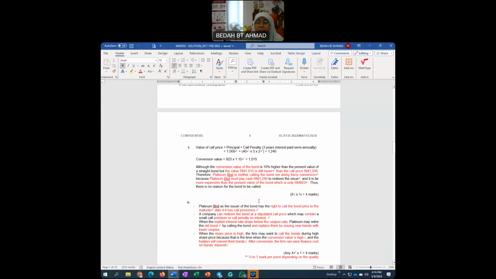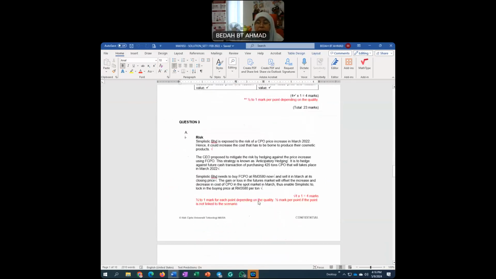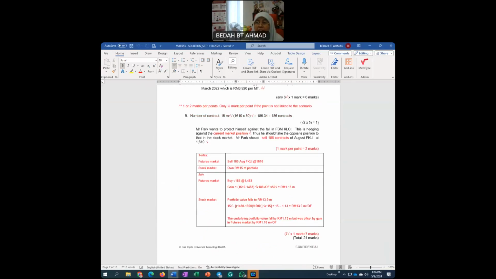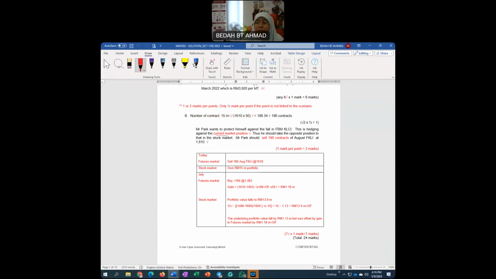The hedging strategy given to Mr. Park is to take the opposite position in the futures market: sell 186 contracts of August FKLI at 1610.